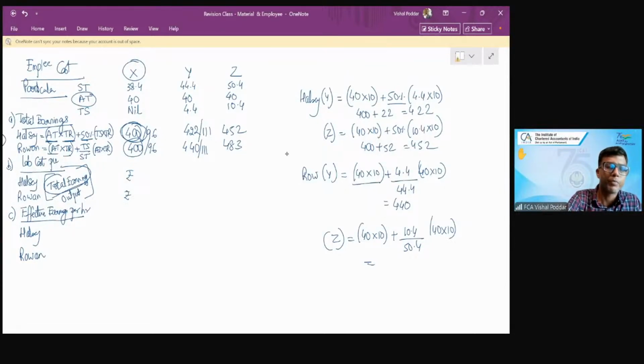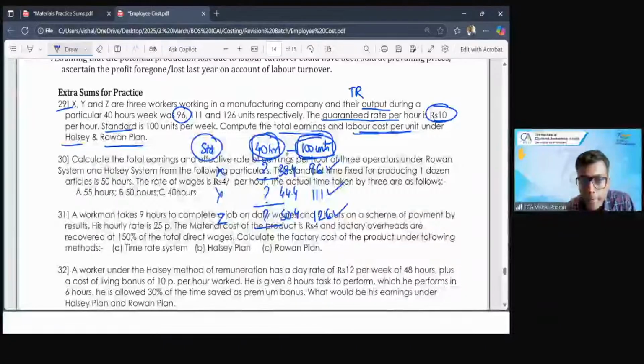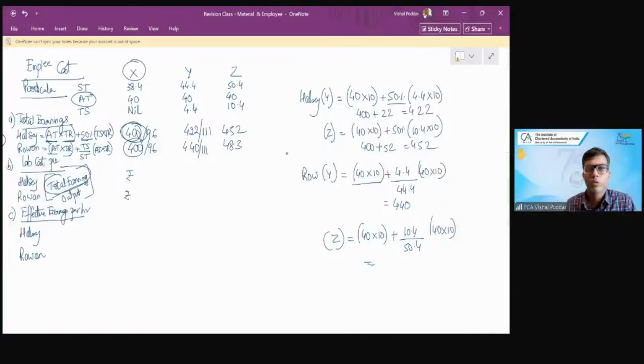You will get the labor cost per unit of Y. And for Z the output is 126, so divide by 126. So this is how you find out labor cost per unit. It may also be called average labor cost per unit, or cost per unit to the company. All mean the same.